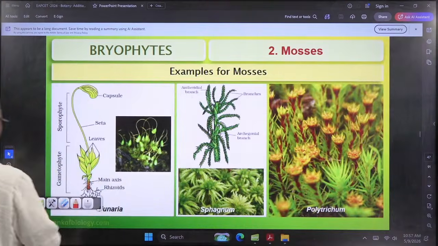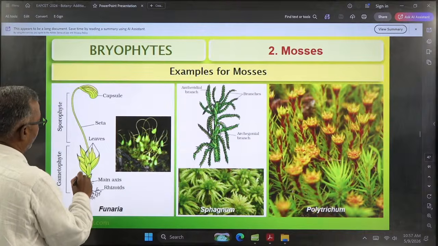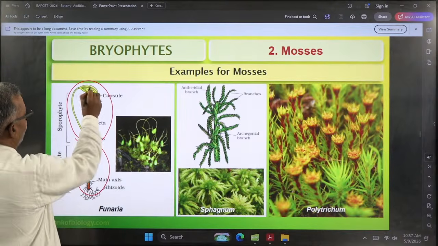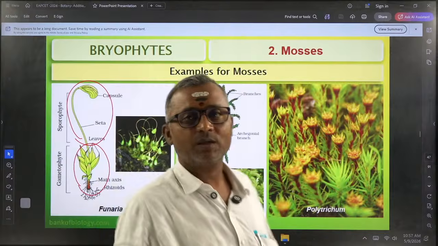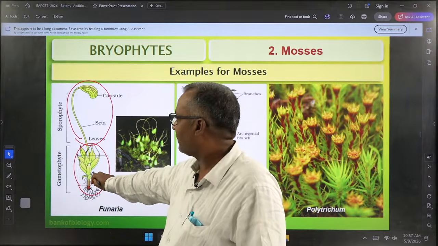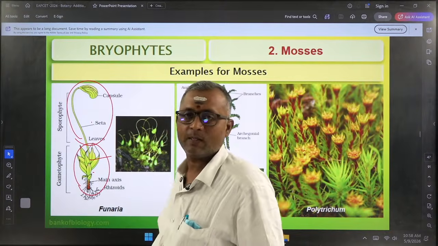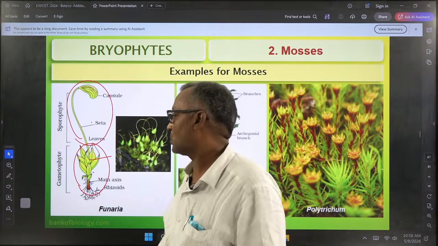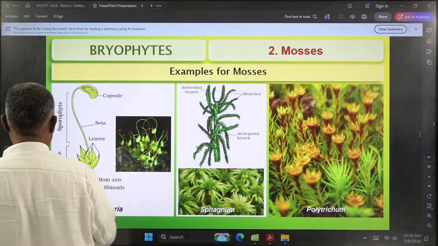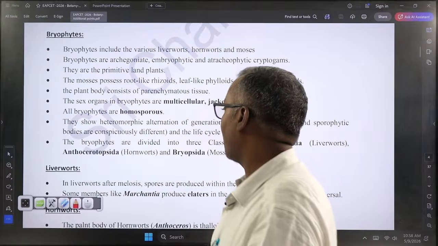See this bryophyte like Funaria. This part is gametophytic and this is sporophytic. So do gametophyte and sporophyte have a similar kind of morphology? No. Their morphology is entirely different. This gametophyte is a leafy form, but the sporophyte is not leafy. This sporophyte contains foot, seta and capsule. The foot is inserted into gametophytic tissue. So that's why we can say they have what kind of life cycle? Alternation of generations. In alternation of generations, again it is heteromorphic alternation of generations.